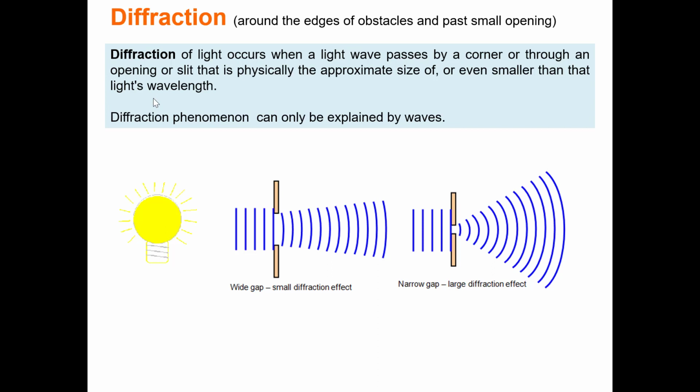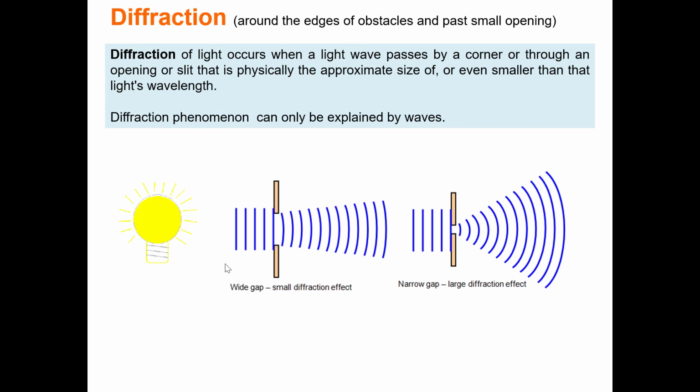But the light can pass through that slit. Then what happens is, if we have a big gap, a large opening, then we see a small diffraction effect. But if this is a narrow gap, we can see a large diffraction effect.